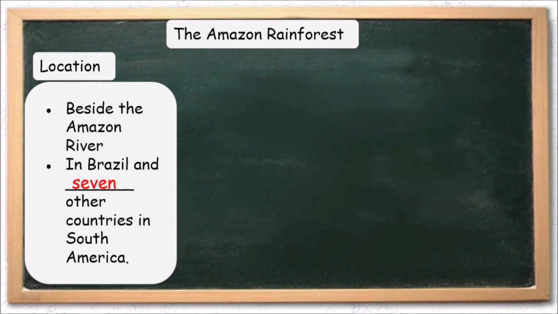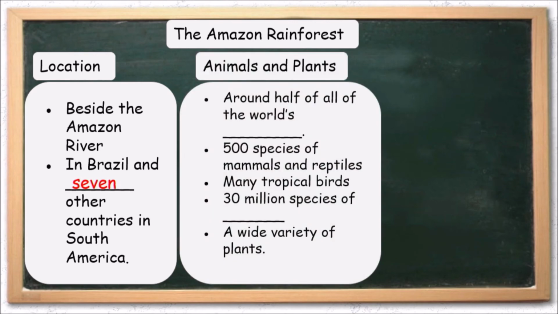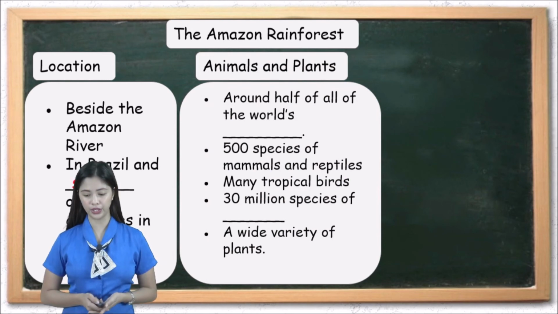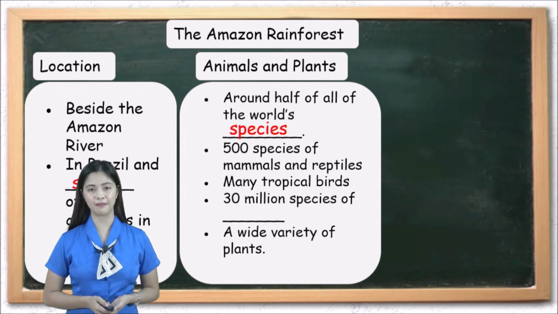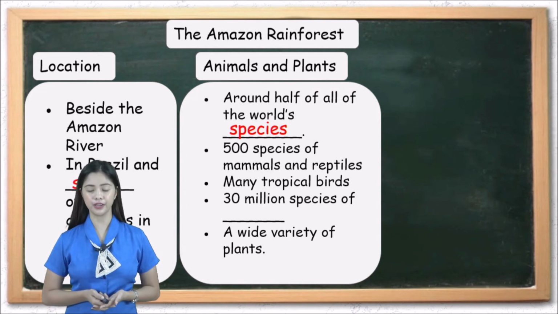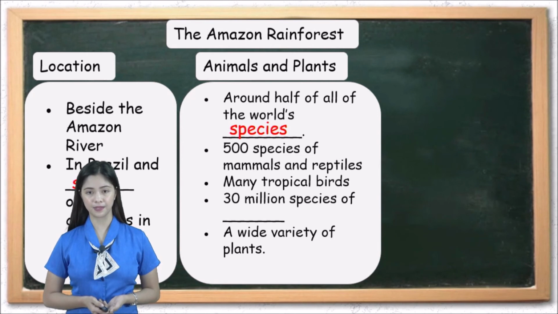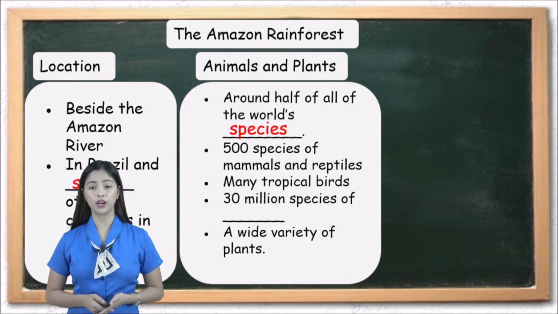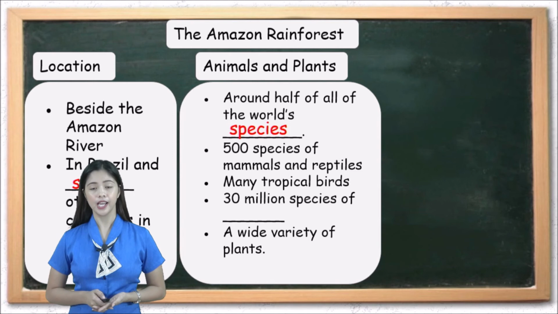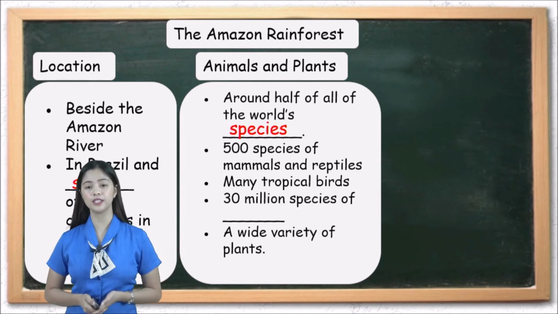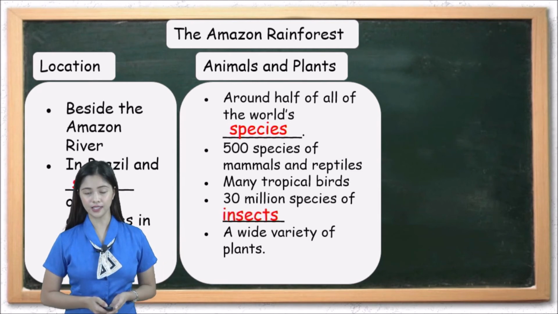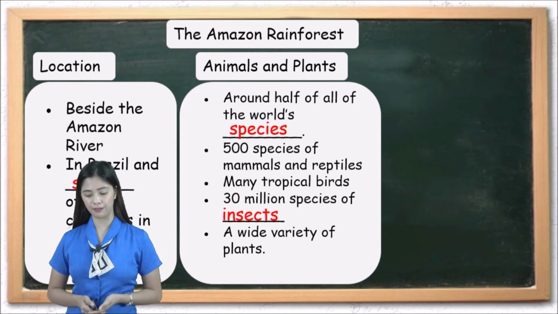Next one, let's talk about the animals and plants in the rainforest. Around half of all the world's species can be found in the Amazon rainforest. There are 500 species of mammals and reptiles. There are many tropical birds, and also 30 million species of insects and a wide variety of plants.